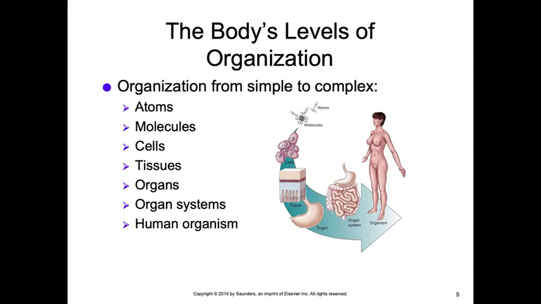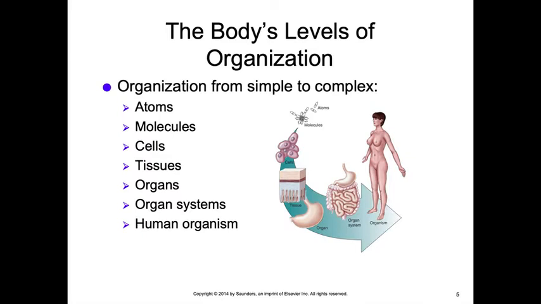Atoms can connect to each other through interactions called chemical bonds to form molecules. Molecules can be arranged in a certain order to form the smallest unit of living matter, which is the cell.